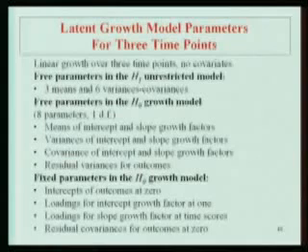Now let's take a minute to look at the same type of counting of degrees of freedom if we have 3 outcomes, if we've repeatedly measured our outcome on 3 occasions. In our H1 model, we have then 3 means and 6 variances and covariances, which is a total of 9. Basically that would be eliminating Y4 from this model.